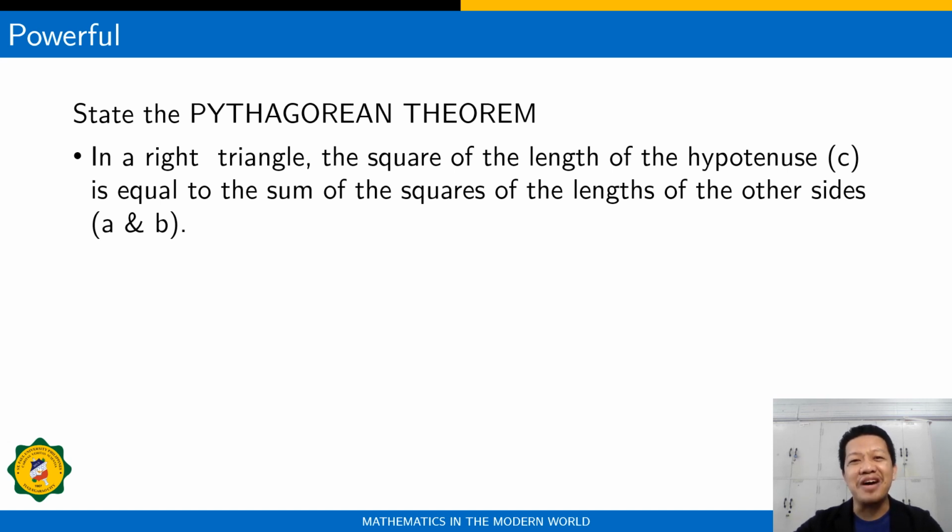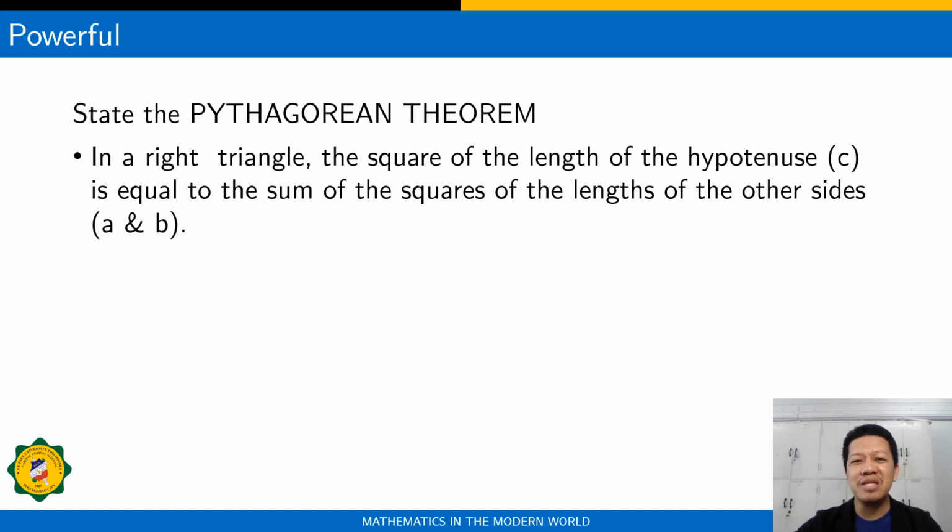So we are now using variables here to represent these quantities or properties, and using variables or symbols or expressions can make mathematics powerful, because we can write a very long sentence into just a very simple equation or expression.